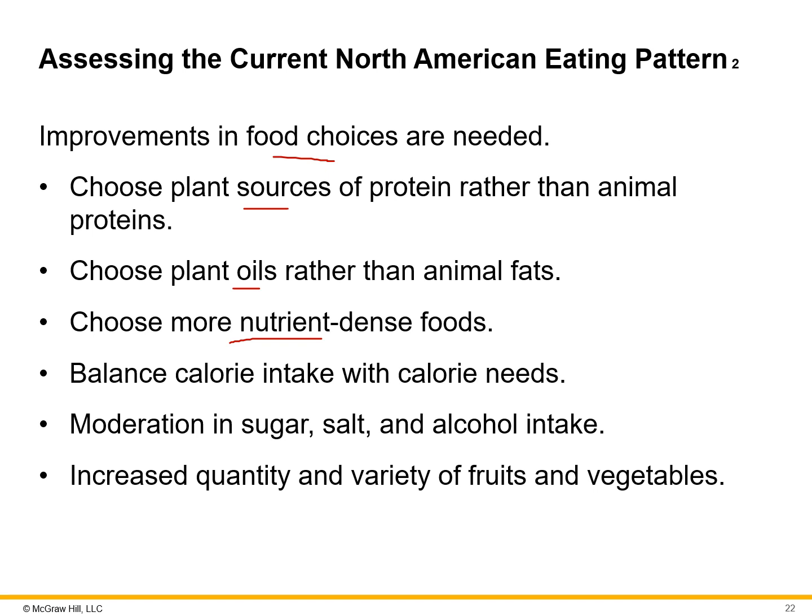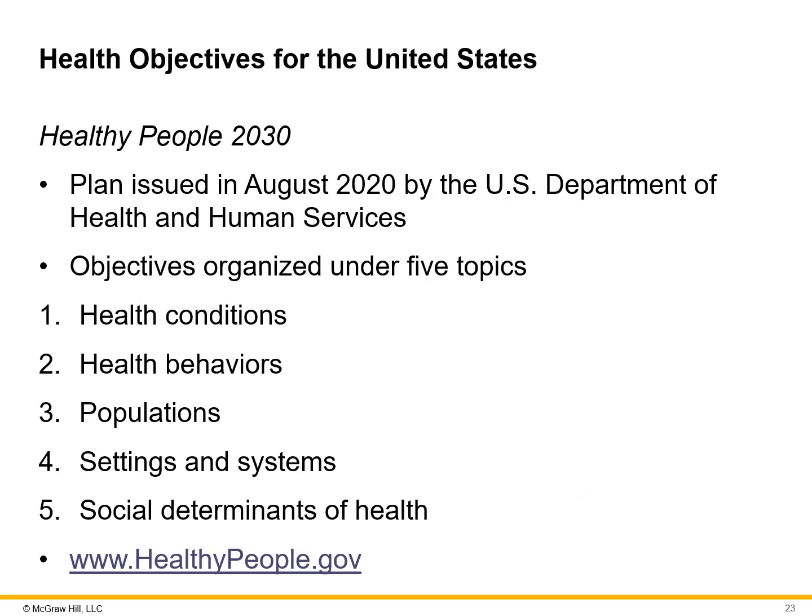Balancing intake with our calorie needs is where exercise comes into play, or just not eating more than what we need. And then moderation of sugar and salt, as well as alcohol intake, is important. And increasing the quantity and variety of fruits and vegetables gives us those minerals and vitamins and some of those phytochemicals.